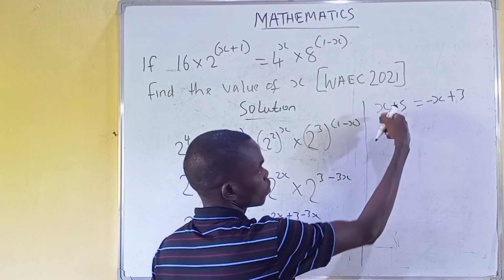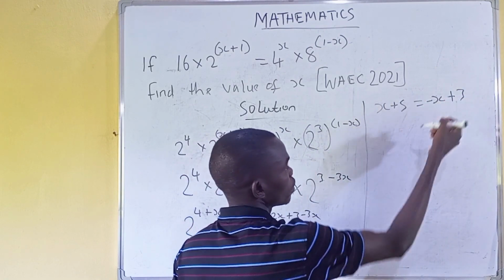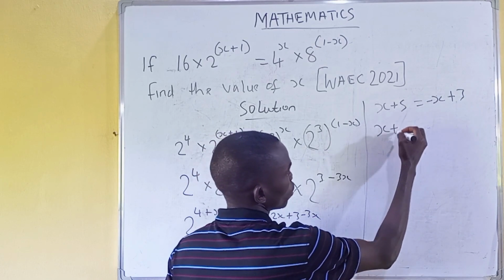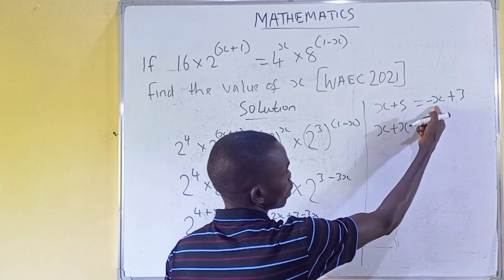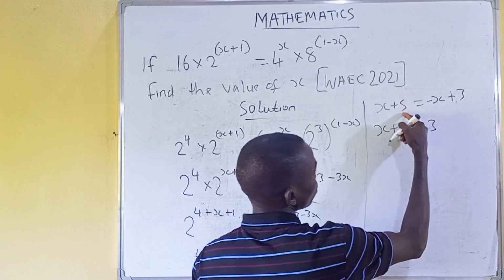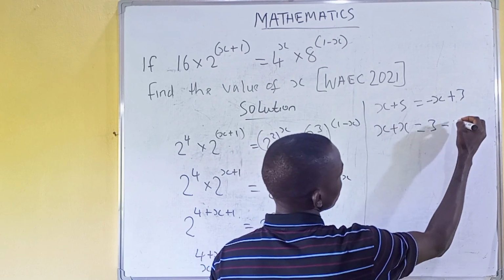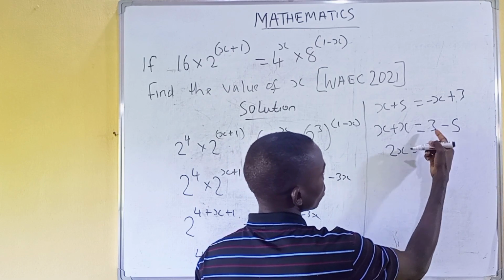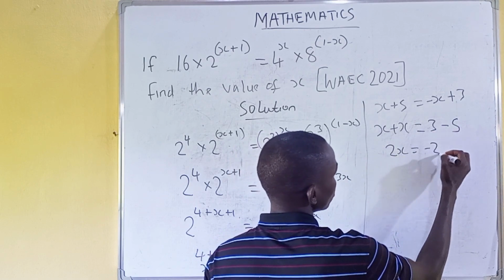We move this s to the left side and move this 5 to the right side. When you move this to the left side, now the s plus s, since it is negative, becomes positive, equals 3. Move this to the other side, it will now be negative 5. So this will now be 2s equals 3 minus 5, which will give you minus 2.